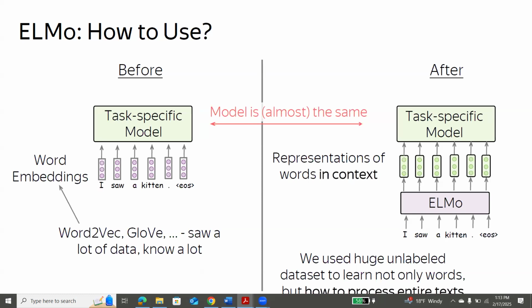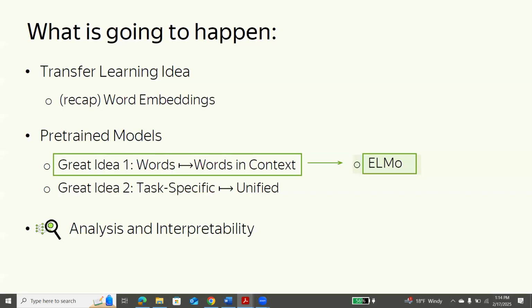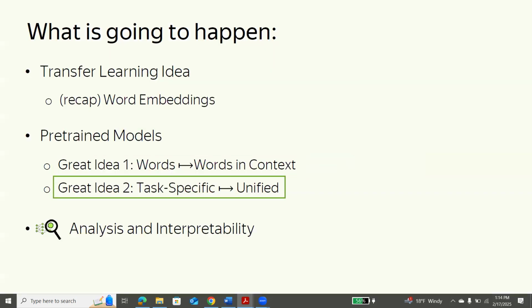The second great depression came the next year, in 2019, with the BERT model, when one model actually could be used for any task. So this is the second idea, to use one model for all NLP tasks.